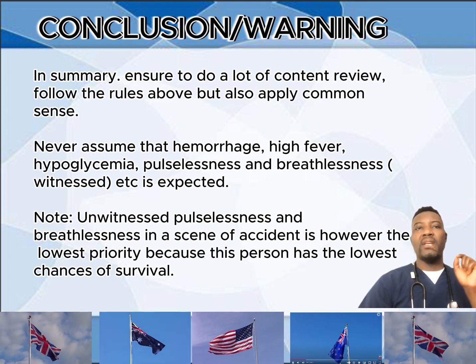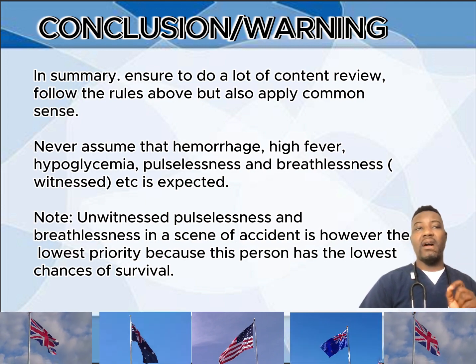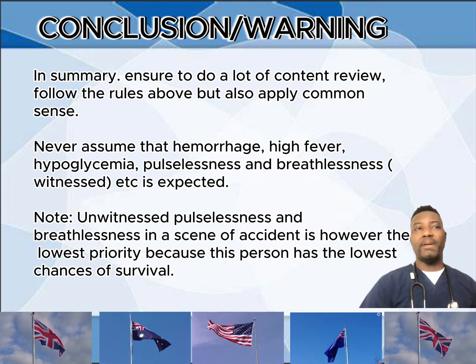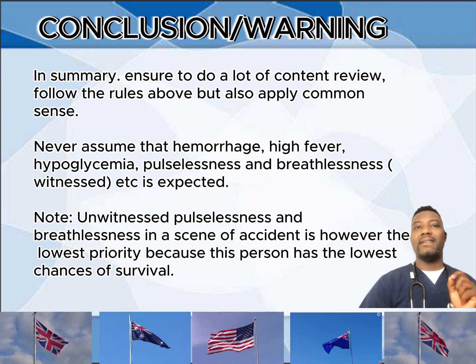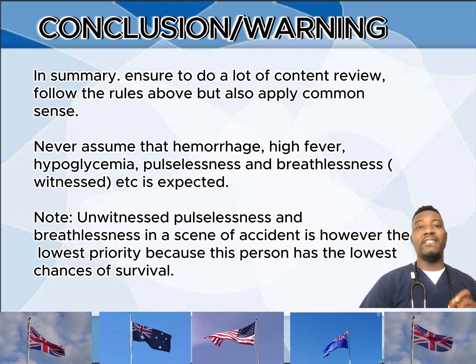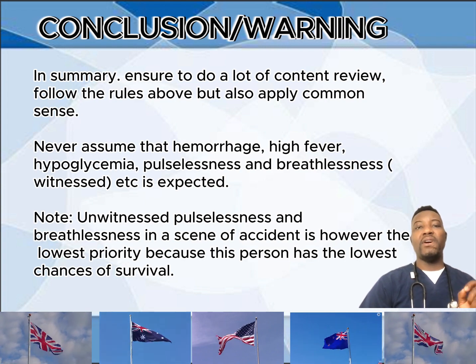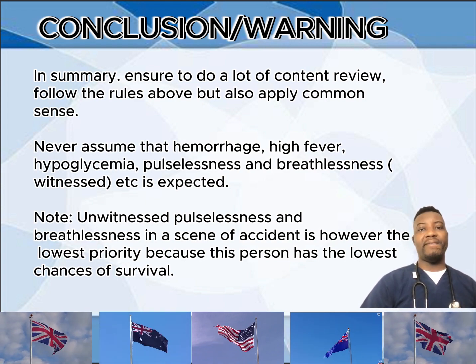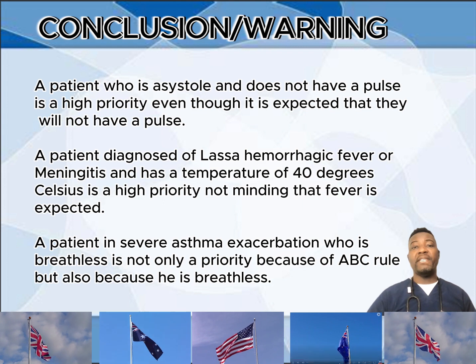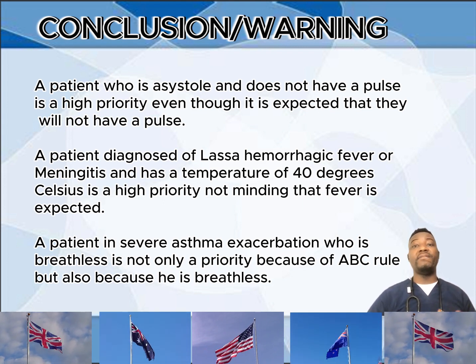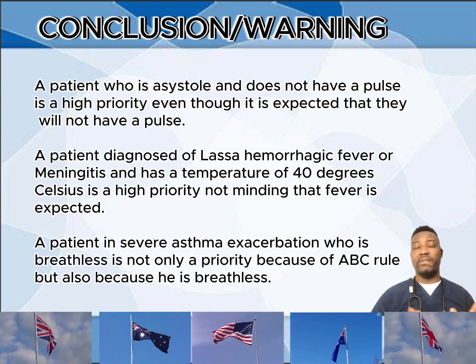Remember too that in a scene of unwitnessed accident, pulselessness and breathlessness is the lowest priority. The reason is because you have to save other patients who have higher chances of surviving. Just a recap. A patient who is asystole and does not have a pulse is a high priority, even though it is expected that they will not have a pulse.